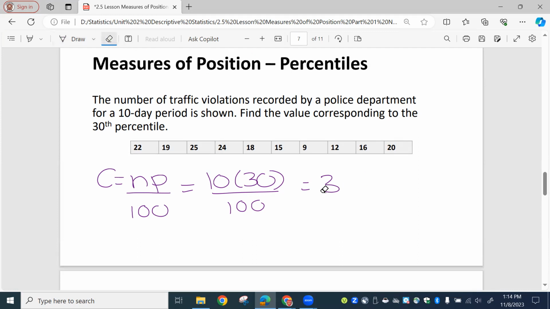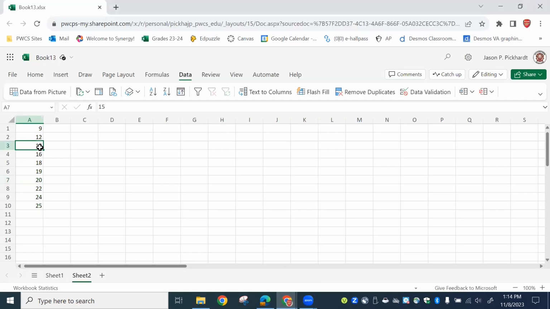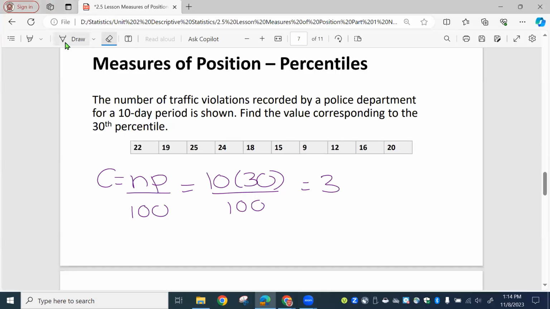We are going to find our third value, and we are going to go between our third value and that value plus 1. So we're going to go between 15 and 16, and say that it's 15.5 violations.